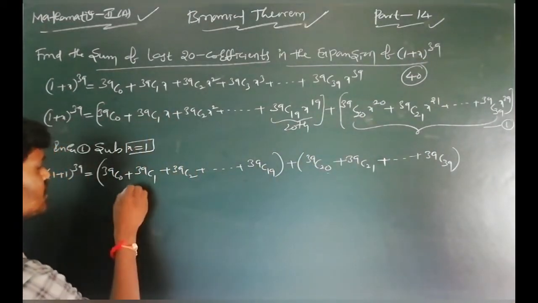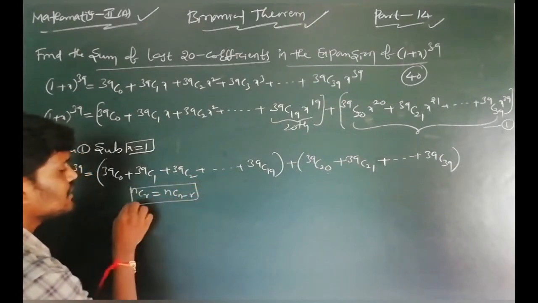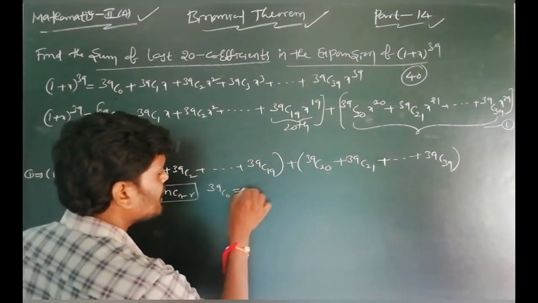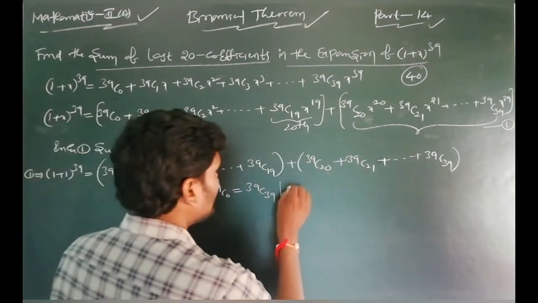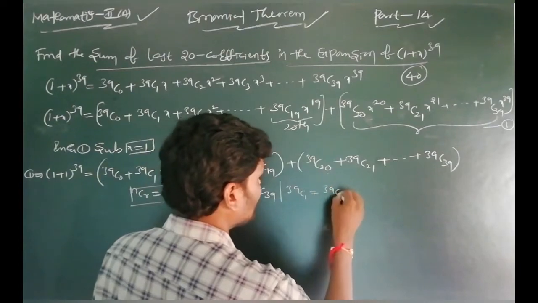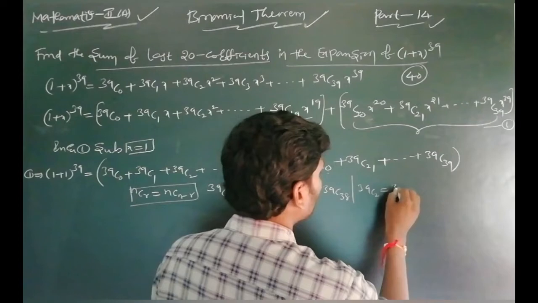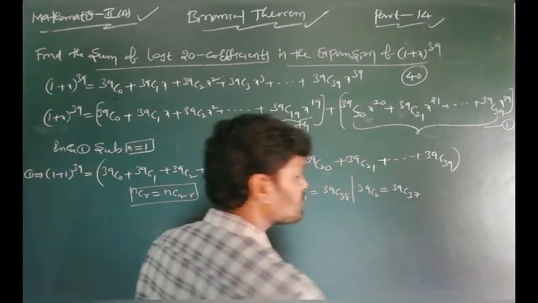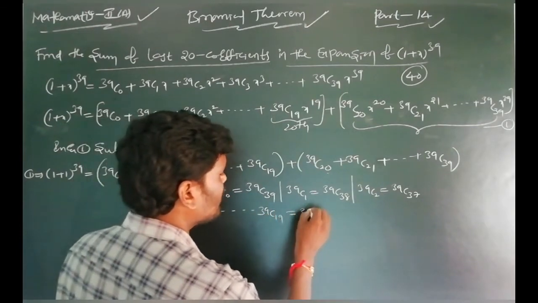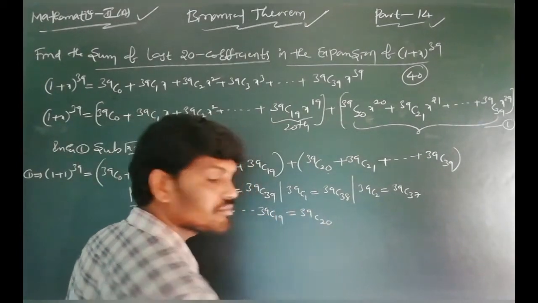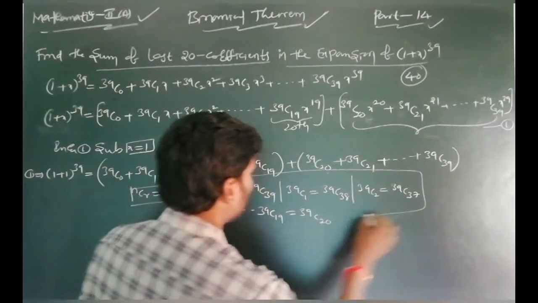After that, we can use the formula nCr = nC(n - r). In this formula, 39C0 = 39C39, 39C1 = 39C38, 39C2 = 39C37, and so on, 39C19 = 39C20. Write these down in this problem.